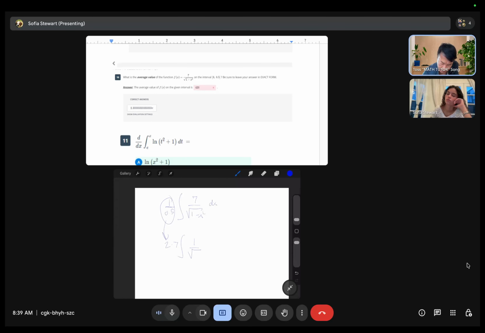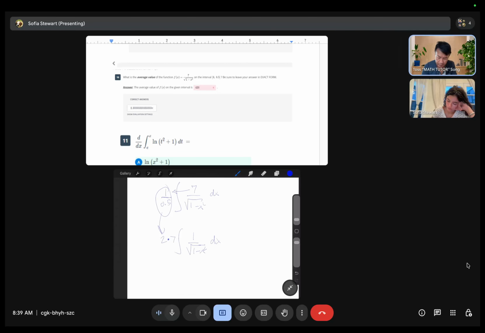I'm just going to clean it up a little bit before I use the formula. 1 over 1/2 is 2, but I pull out the 7 outside. So it's 2 times 7, which is 14. So I'm prepping for it right now. Then I'll look up the integration formula for this, unless you know it.